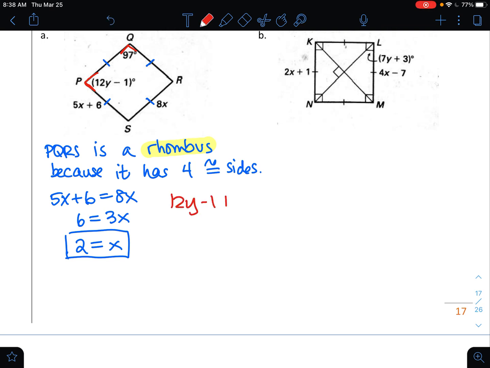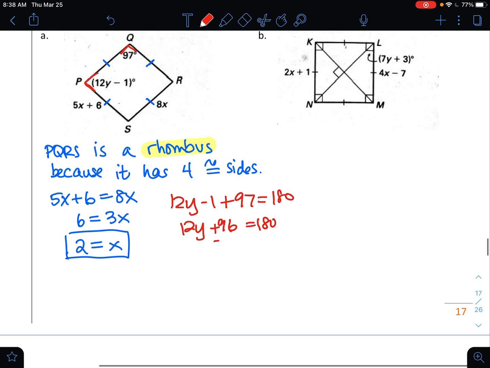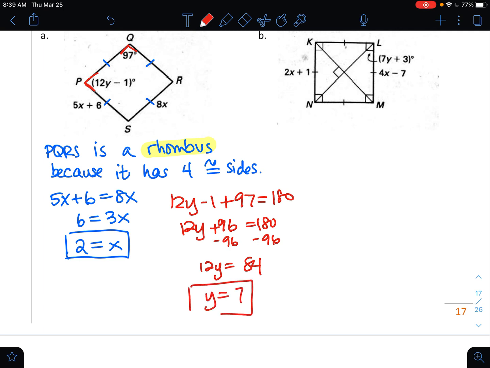I can say that 12y minus 1 plus 97 equals 180 degrees. So 12y plus 96 is 180. I'm going to take away 96 from both sides. That gives me 84. When I divide by 12, 84 divided by 12 gives me 7. So you're going to need to reference back your parallelogram properties.